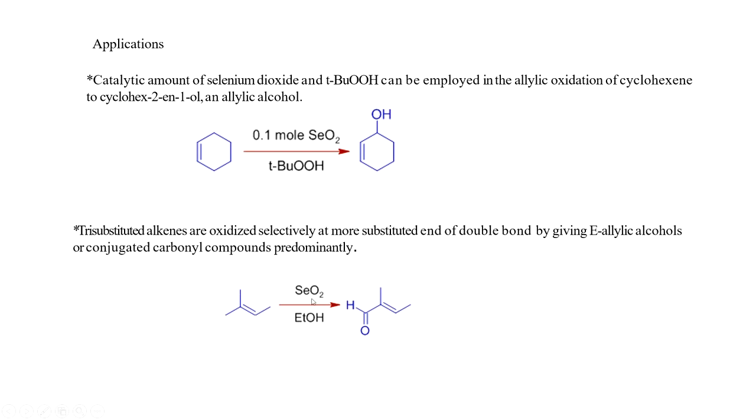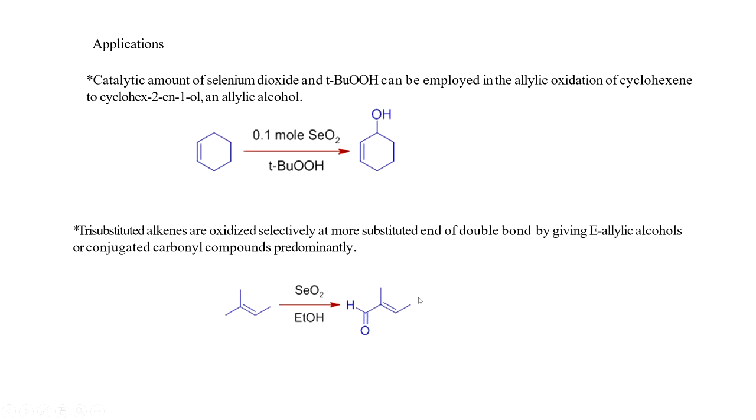When it is oxidized by selenium dioxide, see there are three allylic positions here. This is the less substituted allylic position, and these are the more substituted allylic position. It is more substituted, and so here the more substituted allylic position gets oxidized to carbonyl group, and the E-allylic alcohol is obtained.